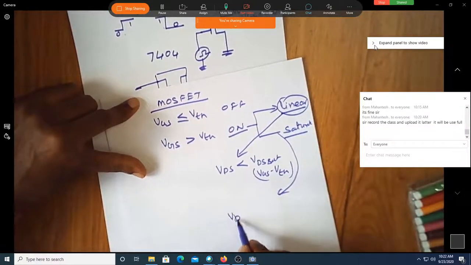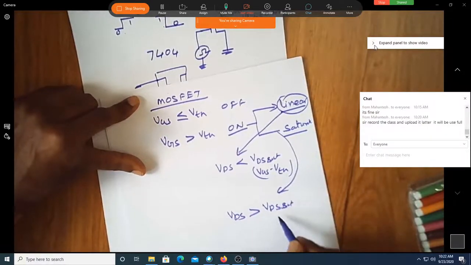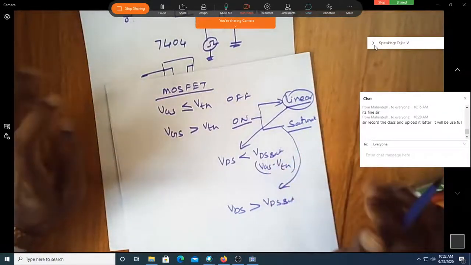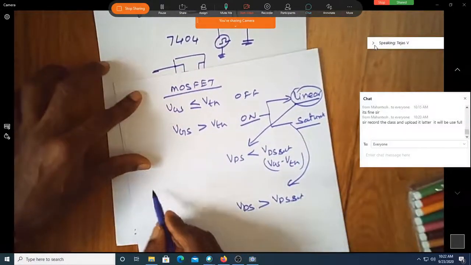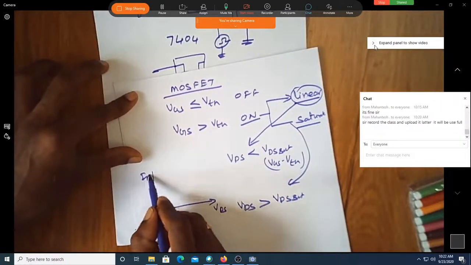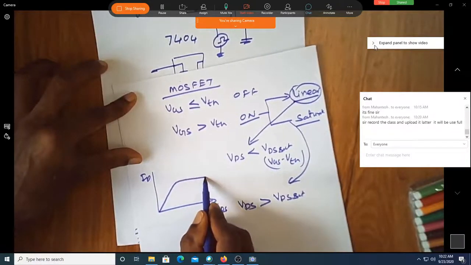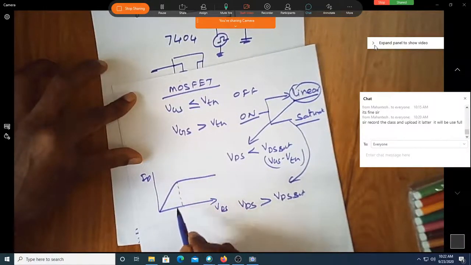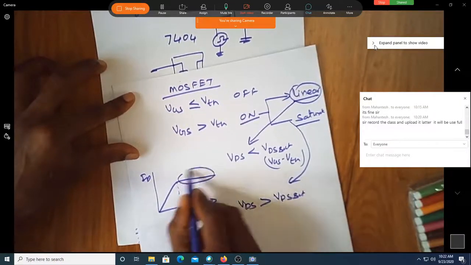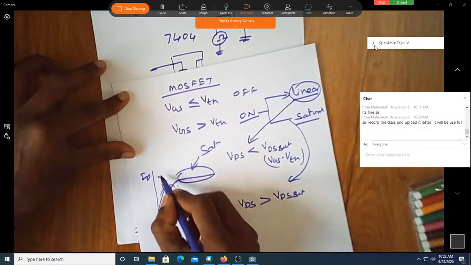Suppose if VDS is greater than VDS sat, then we say the MOSFET is in saturation region. If it is equal to, we say it is at the verge of saturation. Correct? We have this as the characteristics. This is VDS, this is ID. We will have this as the characteristics and then it goes like this. This is VDS sat. So here it is in saturation. This is linear.